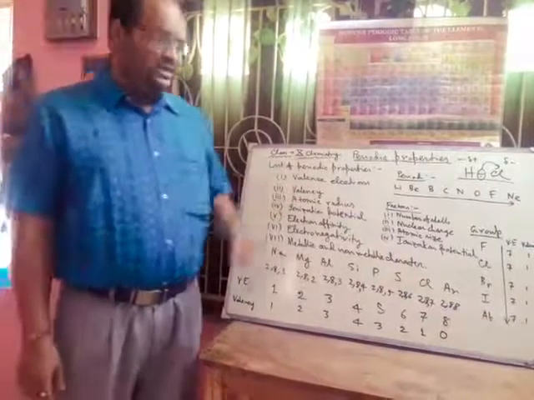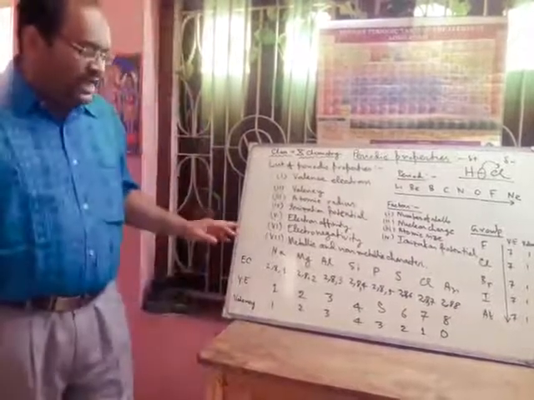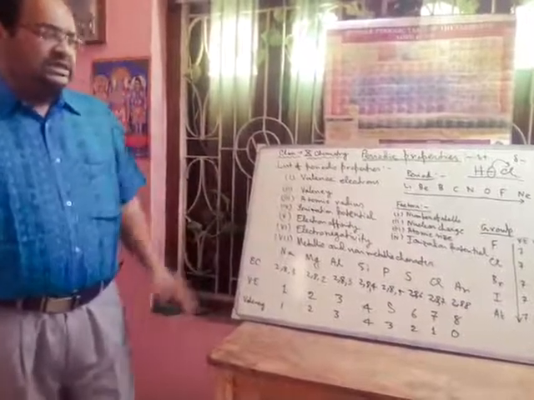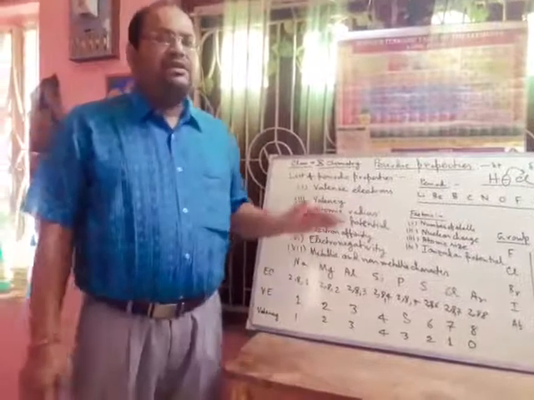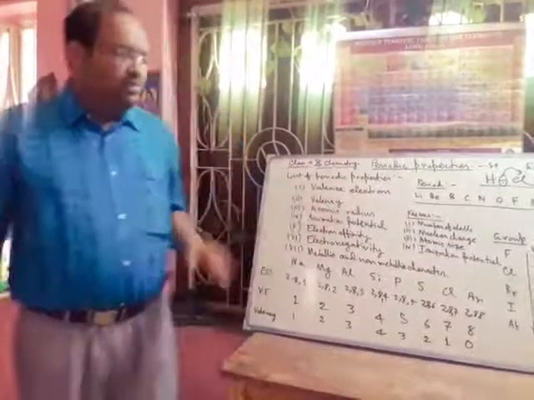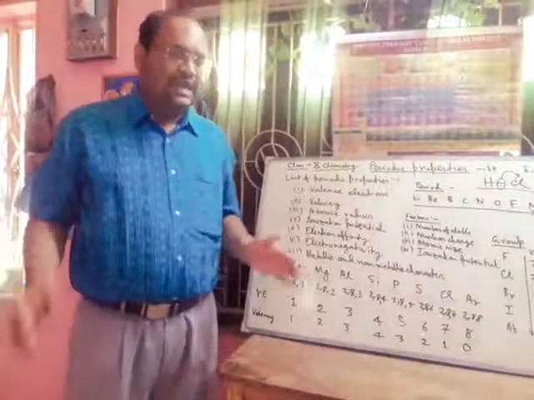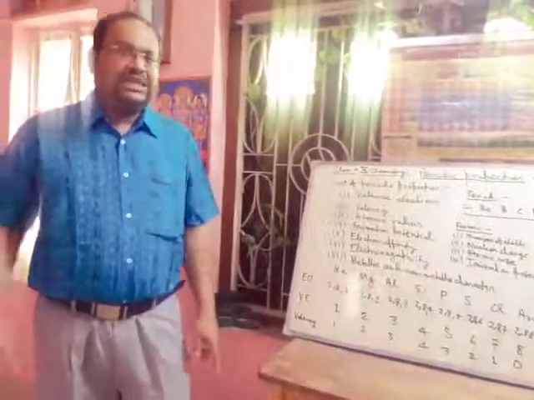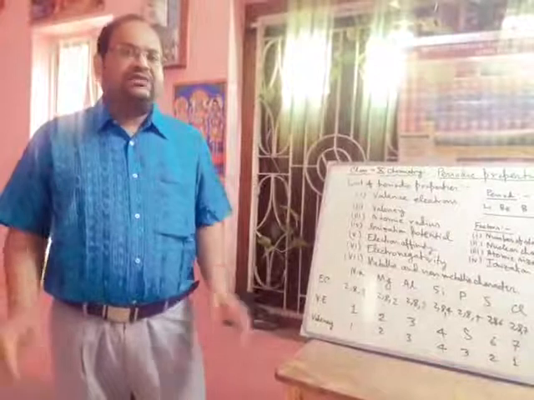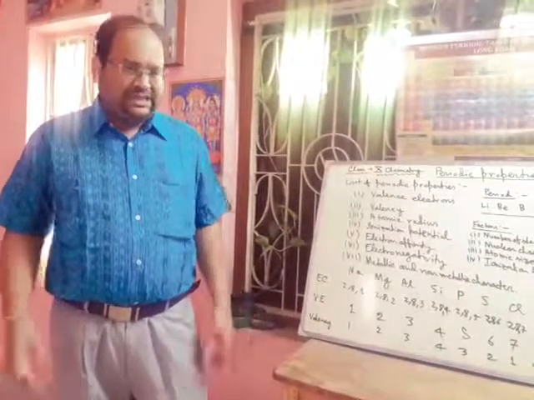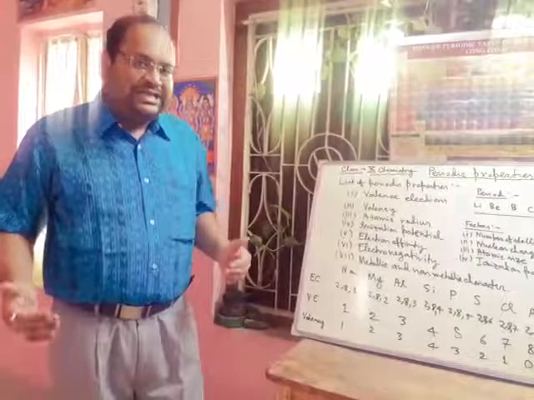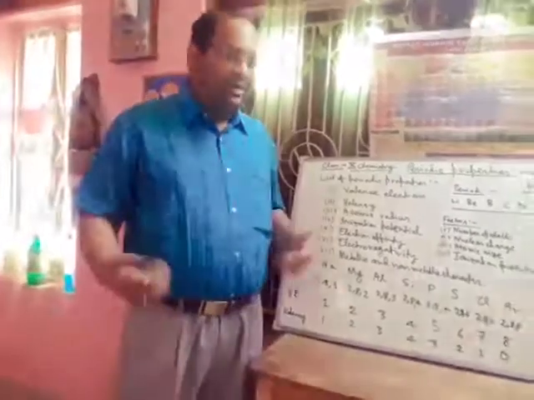Now atomic size. If we increase the atomic size, the ionization potential generally decreases. Why? Because the size of the atoms becomes very large, the distance from the nucleus to the last electron increases, and the attraction force decreases. So we can easily remove one electron from the outermost shell.